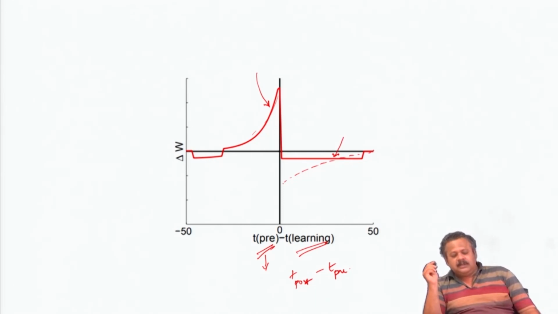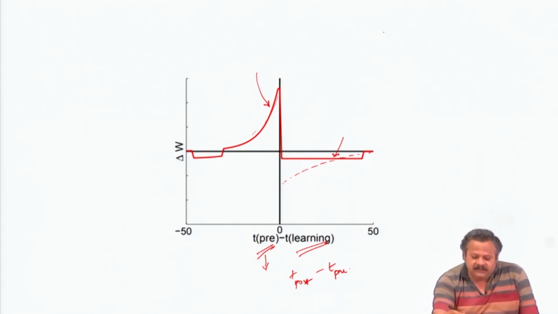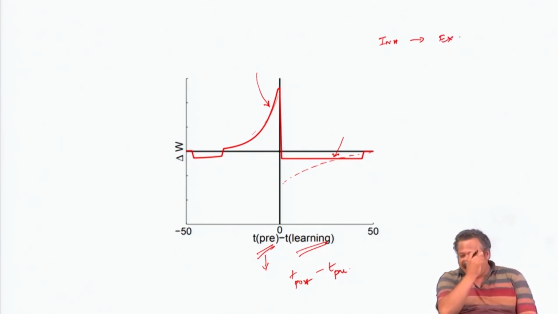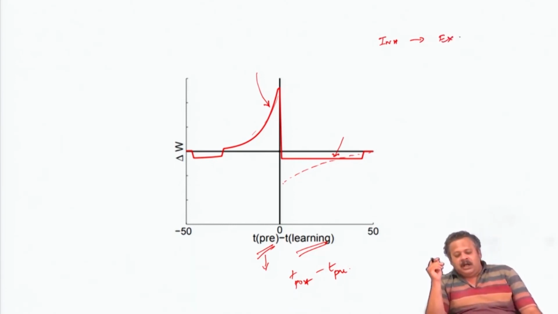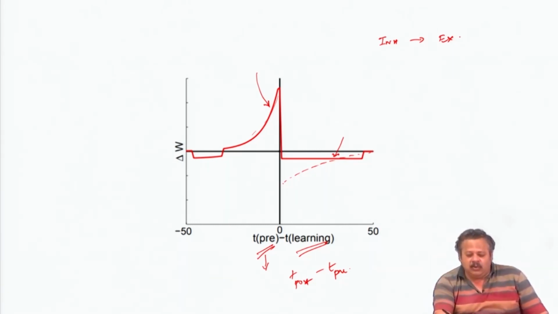Some work along the same lines: if you have an inhibitory neuron projecting onto an excitatory neuron, that is an inhibitory synapse, with the exact same kind of formulation, and show the entire process, you can actually show that it is exactly the opposite, and this inhibitory to excitatory plasticity would turn out to be anti-Hebbian.